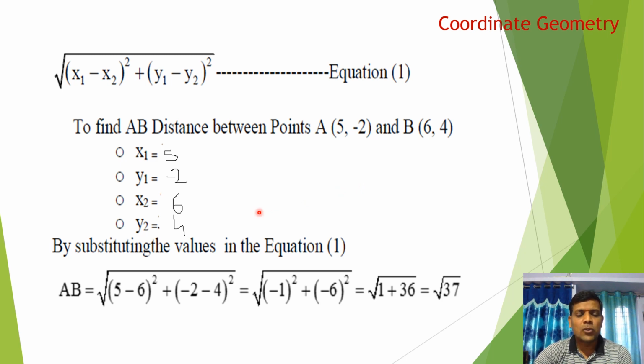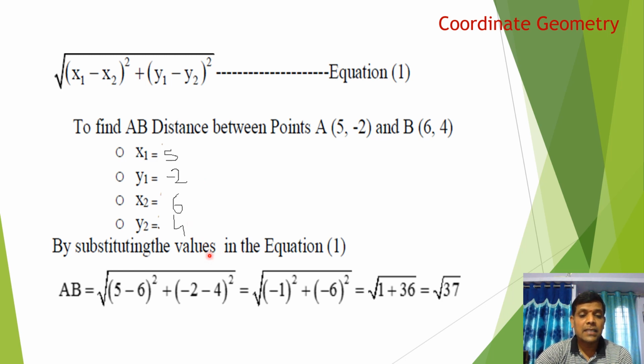Substituting these coordinates in the distance formula, AB equals square root of (5 minus 6) whole square plus (-2 minus 4) whole square.